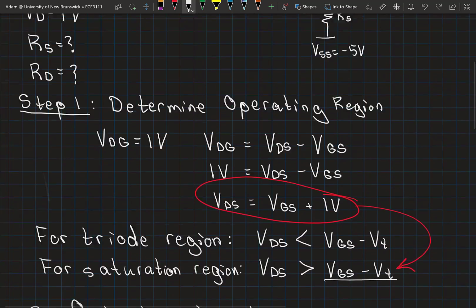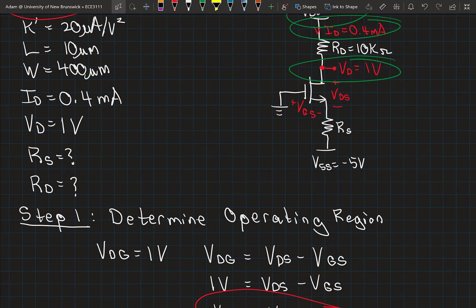So I now know that my voltage from gate to source is 3 volts. In order to calculate this resistor RS, it would be helpful to know what the voltage at the source is.